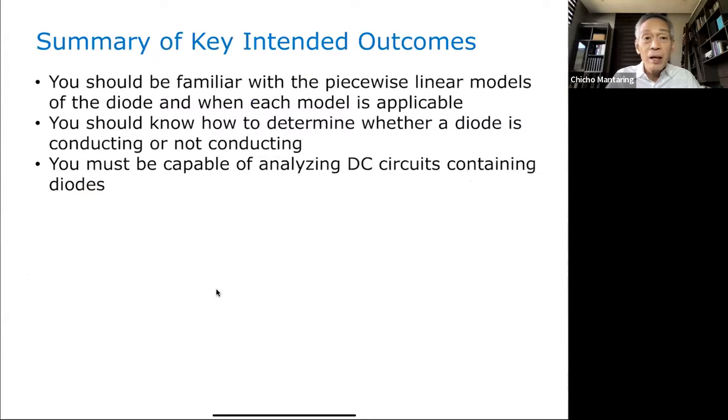Okay, so just to summarize, no, what did I want to achieve in this session? So you should be familiar with the piecewise linear models of the diode. Tatlo yun: ideal, constant voltage drop, at saka constant voltage drop with forward resistance or with diode resistance. You should know when each model is applicable.